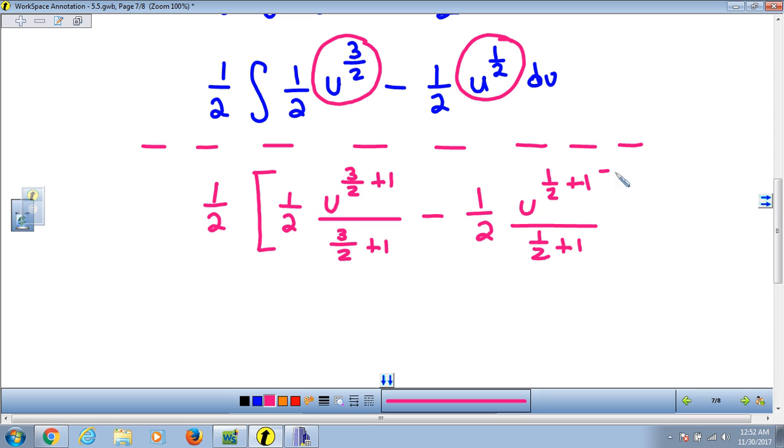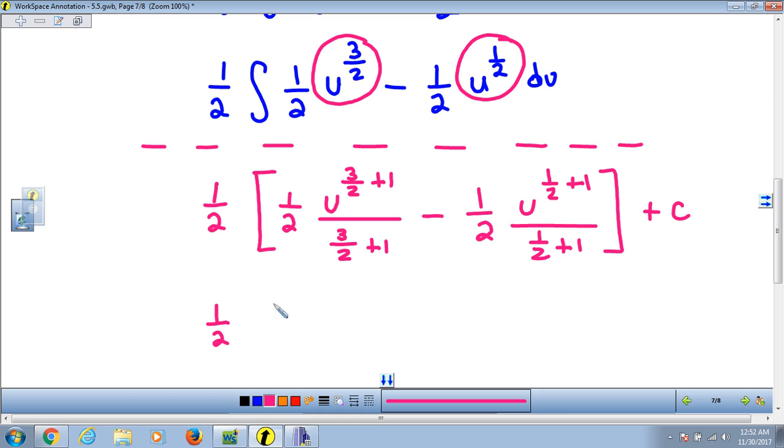At this point, I don't need the du anymore because I have already done the antiderivative or the integration of this using the formula. All I need to do here is add a plus d because when you're doing the indefinite integral of an expression or function, if there's no limit, that's why it's called indefinite, then you have to put a plus d.